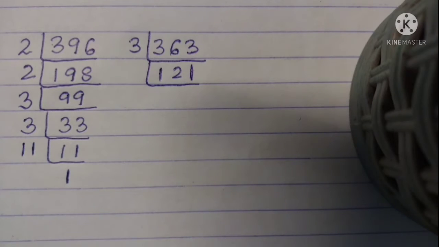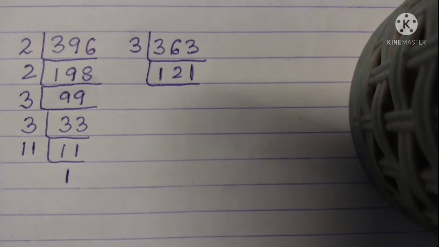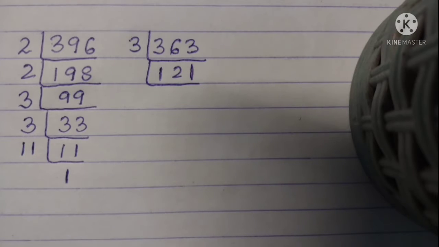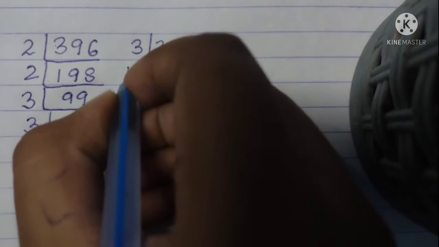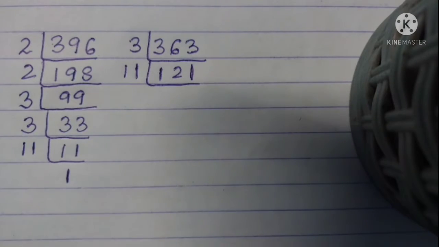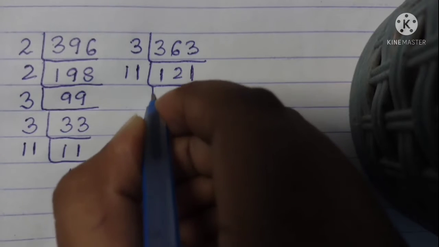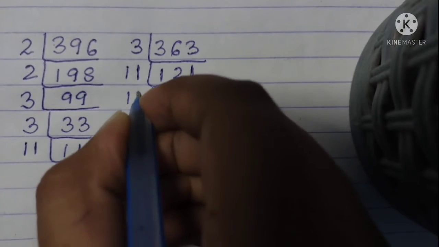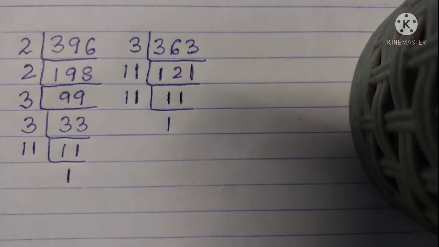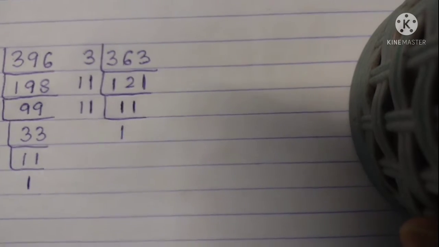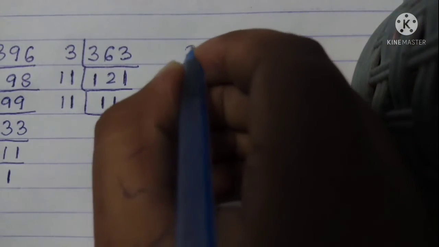Now 121 is not divisible by 3, not by 4, 5, 6, 7, 8, 9, or 10. It is divisible by 11. What is the quotient? 11. 11 is a prime number divided by itself. Quotient is 1.